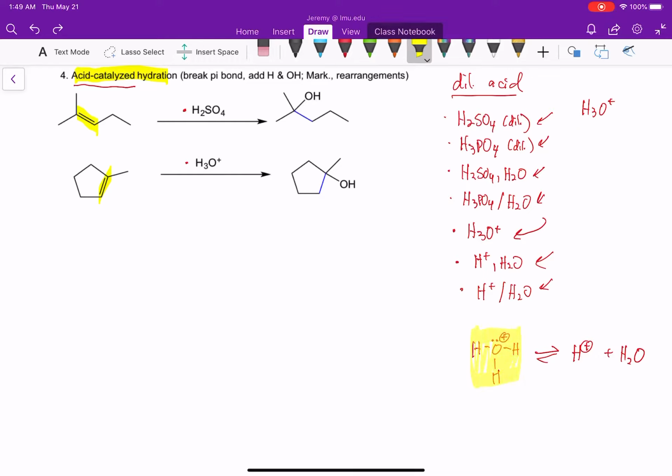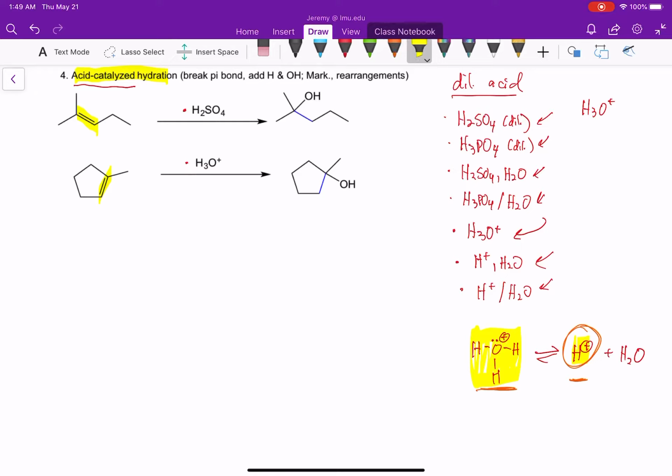You're not going to have a free proton in solution. It's attached to a water molecule. But when I'm writing mechanisms, it's easier to just use the H+. I want us to understand that H3O+ is the actual species in solution, but generally when writing mechanisms, I'm just going to write the H+.